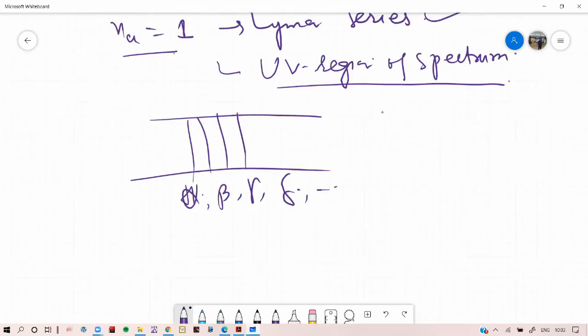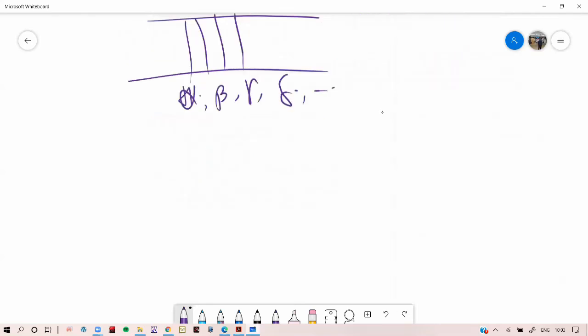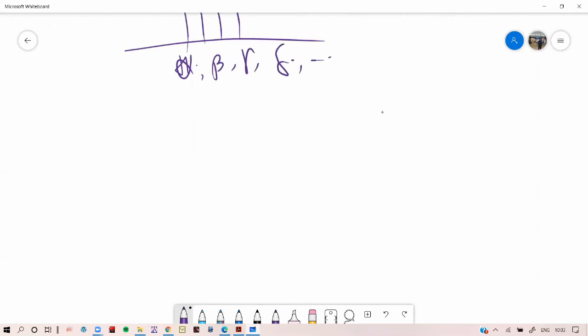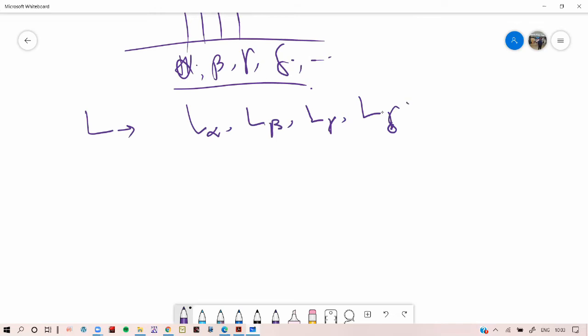According to the expression given by Balmer, when Na is 1, it was named the Lyman series, denoted by L. So we have L alpha, L beta, L gamma, L delta, the different lines in the Lyman series.